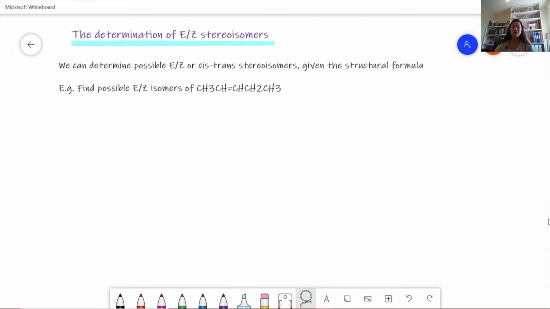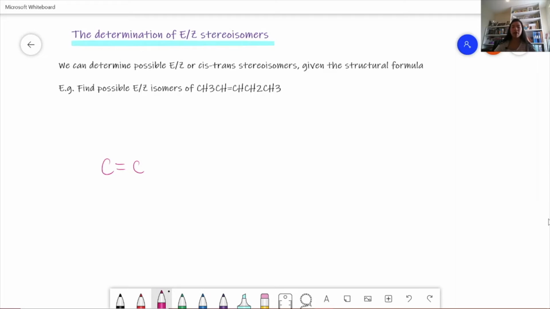We also need to know how to determine EZ stereoisomers from the given structural formula. So in this example, find possible EZ isomers of CH3CH=CHCH2CH3. So what we do first is we draw out the carbon-carbon double bond. It's always easier if we center around this.